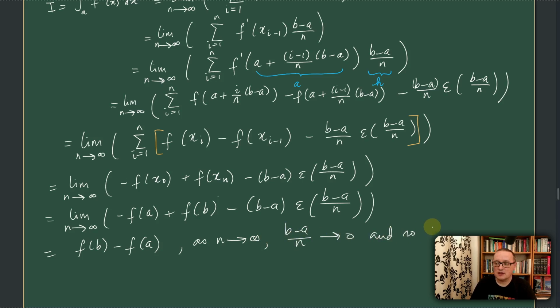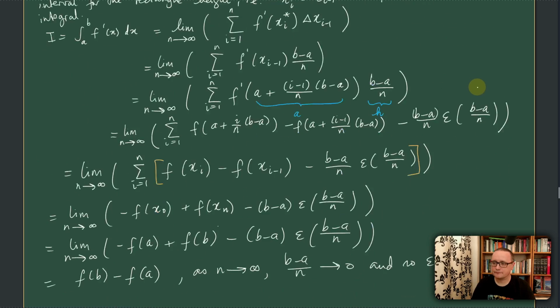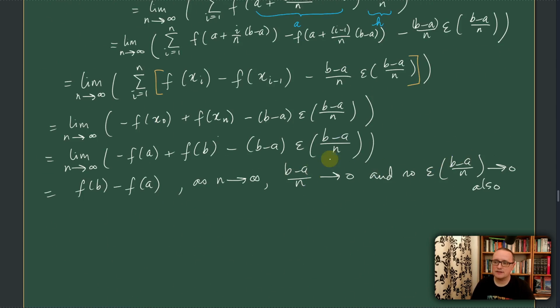And so epsilon of (b minus a) over n will go to 0 also. Because remember, if you scroll back, the property that this error function epsilon has is that it goes to 0 as its argument goes to 0. So here we have it evaluated at (b minus a) over n, but as n goes to infinity, the quantity (b minus a) over n goes to 0, because it's just this fixed constant b minus a divided by n. So that's going to 0, and so the epsilon term goes to 0 as well.